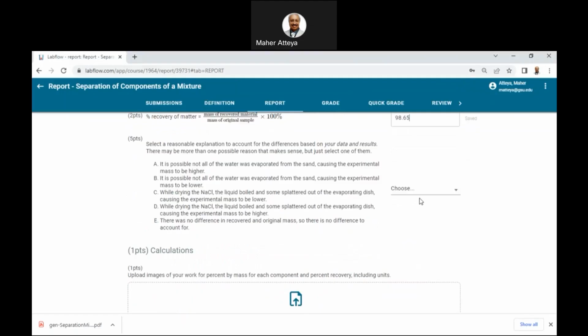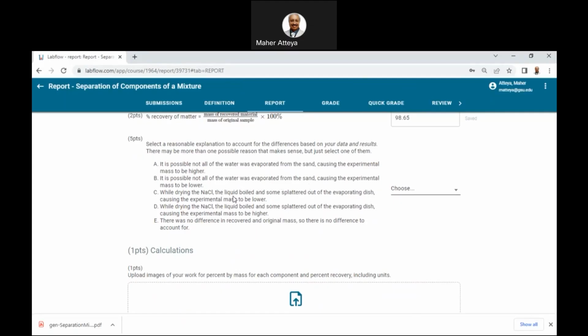So select a reasonable explanation to account for the difference based on your data results. There might be more than one possible reason that makes sense, but just select one of them. It is possible not all the water was evaporated. That's not the case, we get 98.